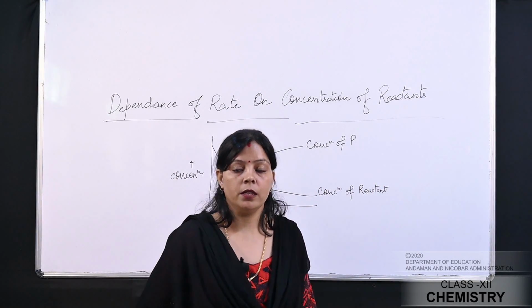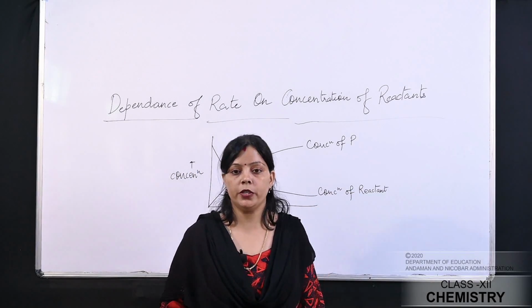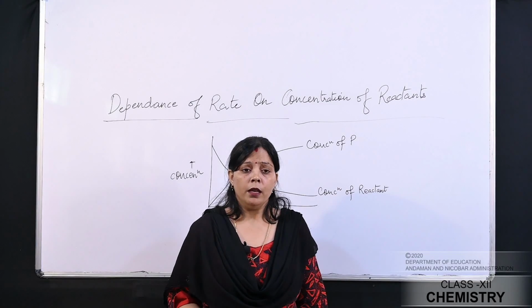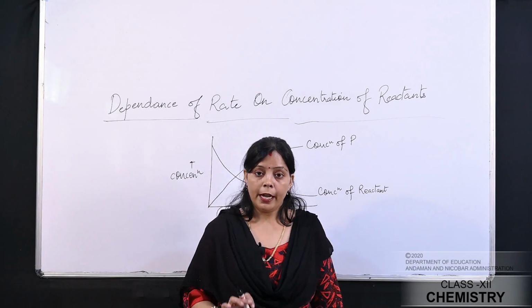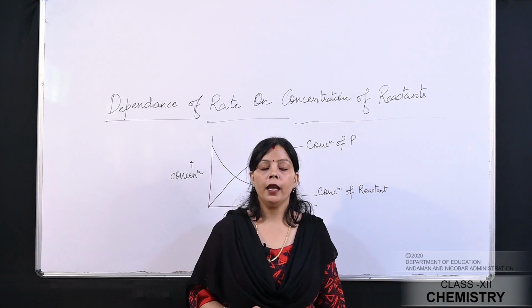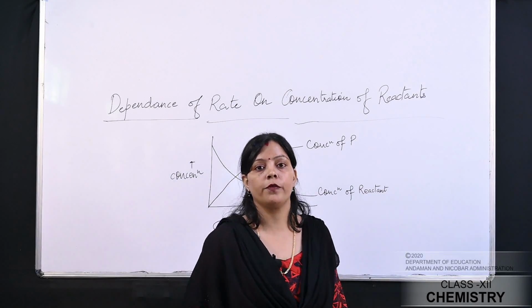Then, let us assume that the other factors like temperature and presence of catalyst remain constant. Then experimental studies show that the rate of the reaction increases with increase in the concentration of the reactant, and the rate of the reaction decreases with decrease in the concentration of the reactant.